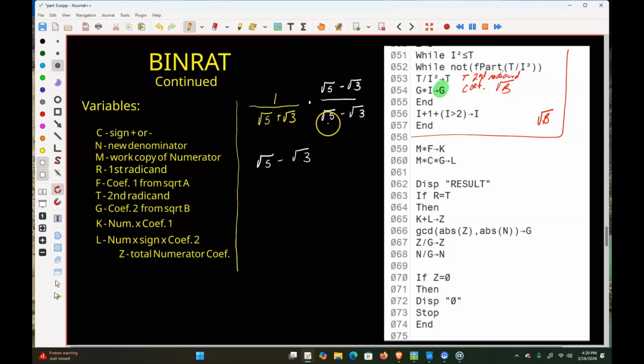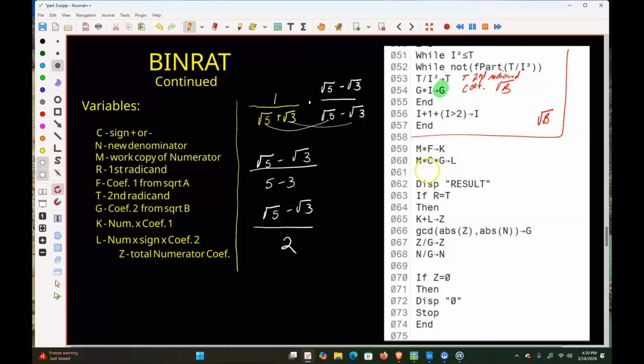When I multiply these bottoms, I would get 5 minus 3. So that would give me the square root of 5 minus the square root of 3 over 2. So that's essentially what we're doing now.